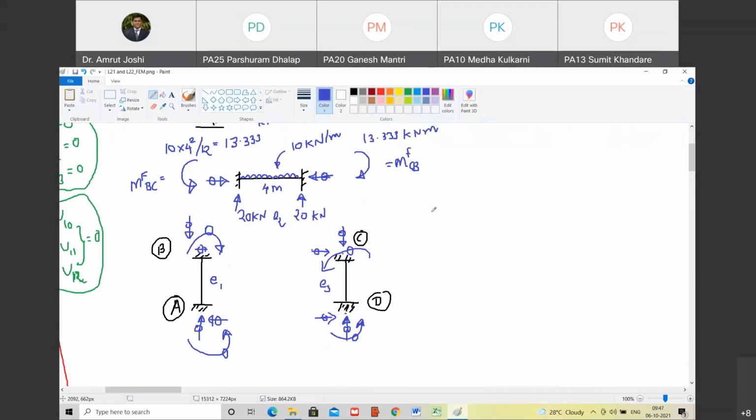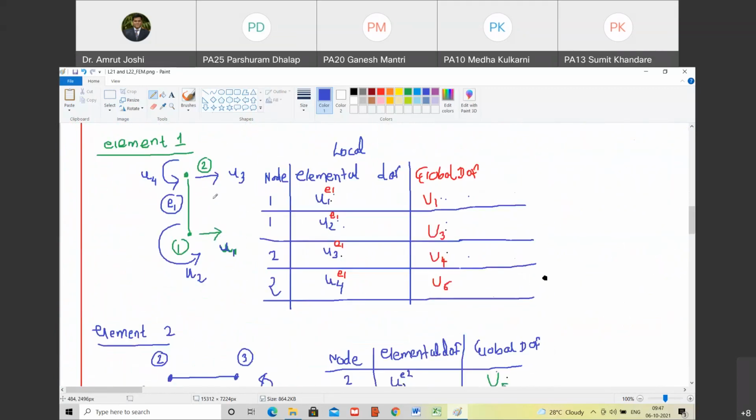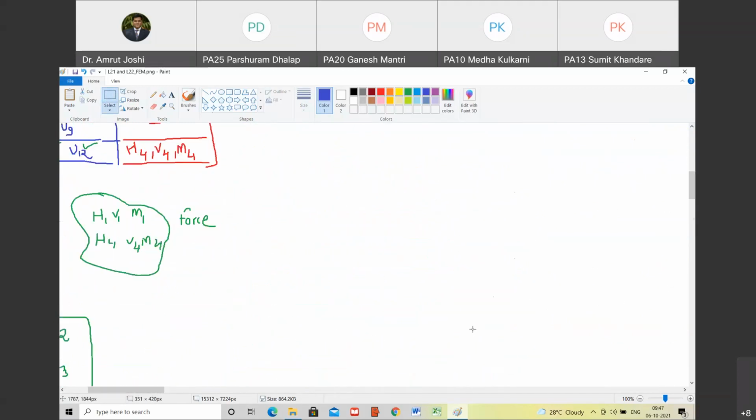Yes, sir. So can I write down the restrained force matrix for element number 1? Easily. I will have to look at element number 1's degrees of freedom. So what are the element number 1's degrees of freedom? I will take these local degrees of freedom here. Are you with me?